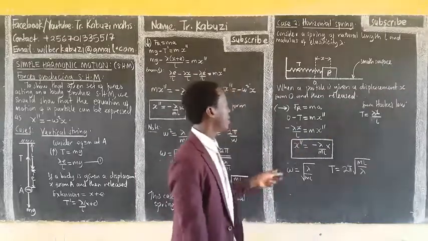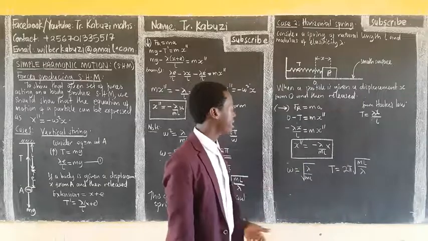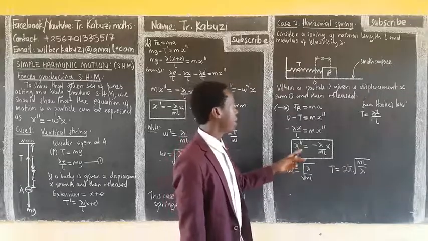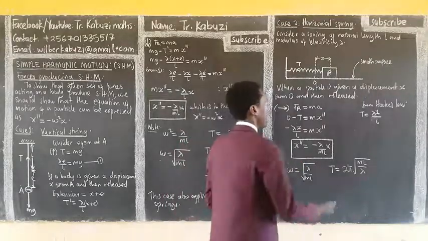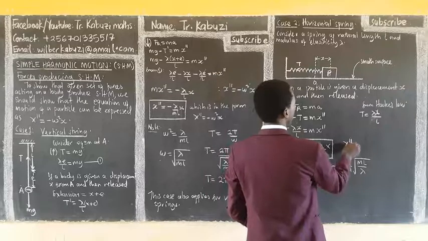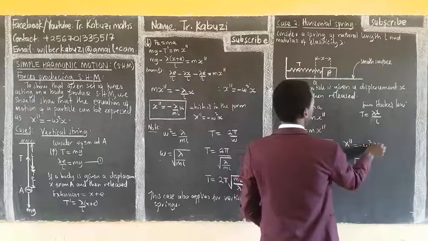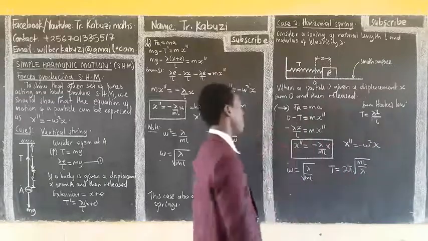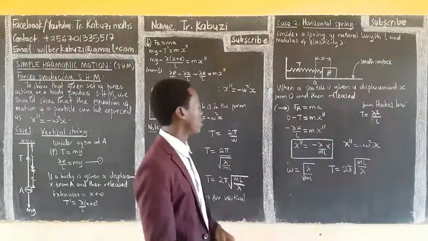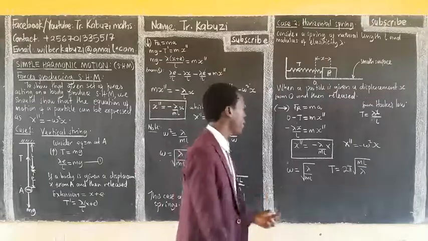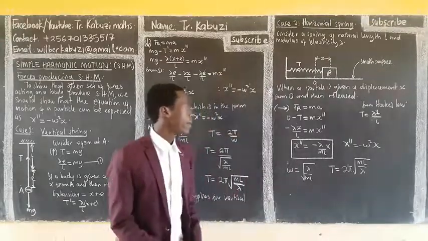Putting it there, you see that it is in the form of x double prime, the acceleration, equaling negative omega squared times the displacement, as you can see. And so we can also get the same results when we draw them. So this is the case.